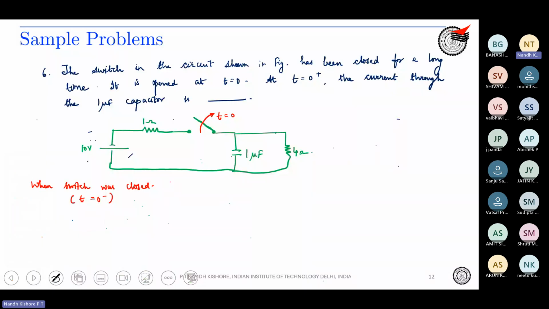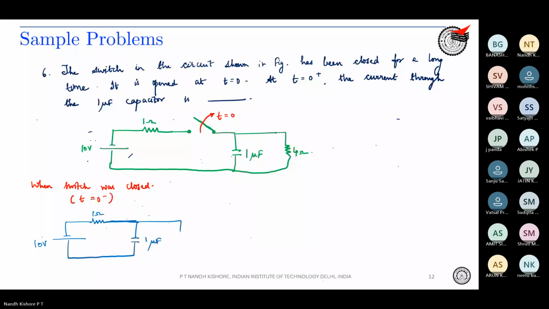The circuit has 10 volts, 1 ohm, the switch is closed, you have a 1 microfarad capacitor and then 4 ohms.